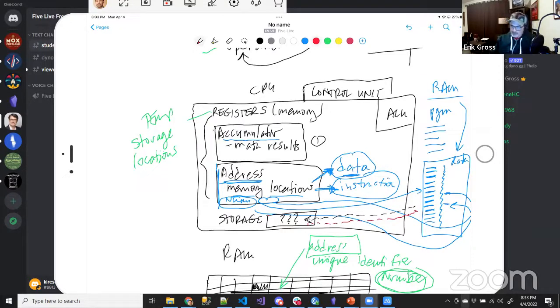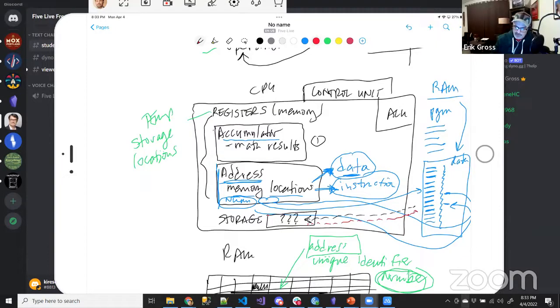Right here on the screen, I want to remind you of the purpose of a computer. We see all the things needed for a computer to accomplish its purpose. What's the purpose of a computer from session 1? To take in data and then make a change to it and then output the data.